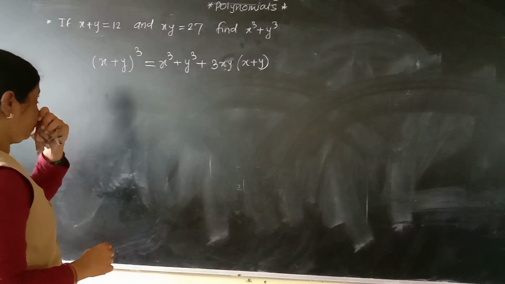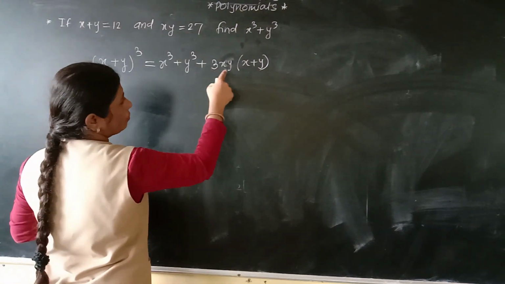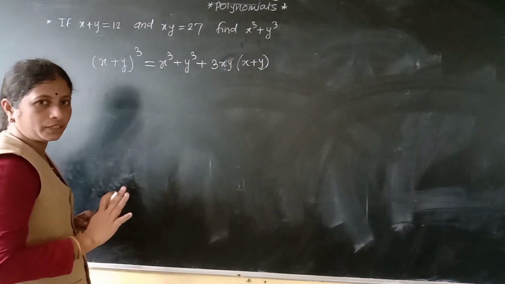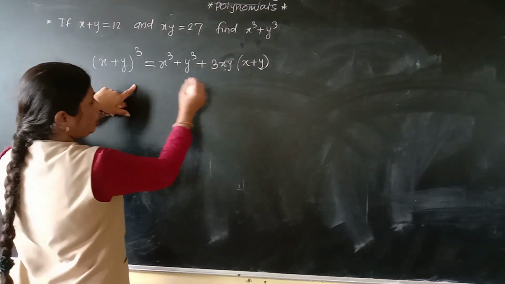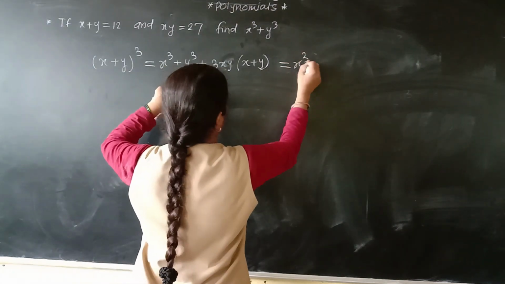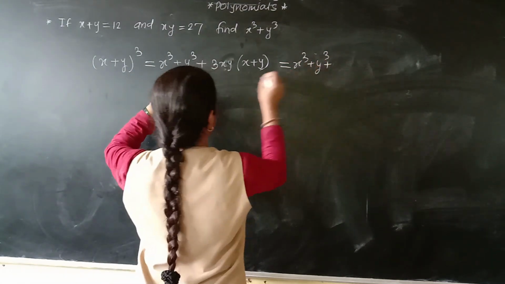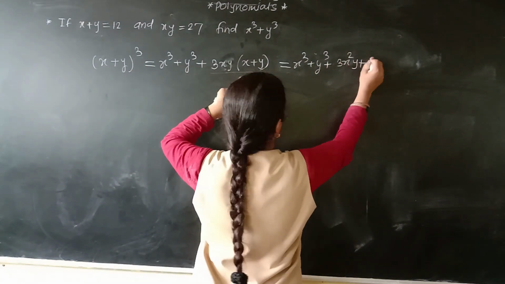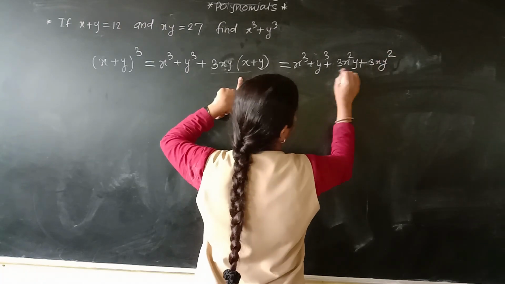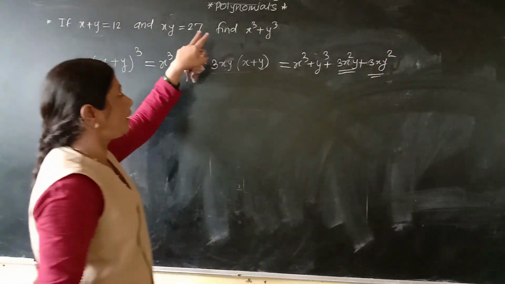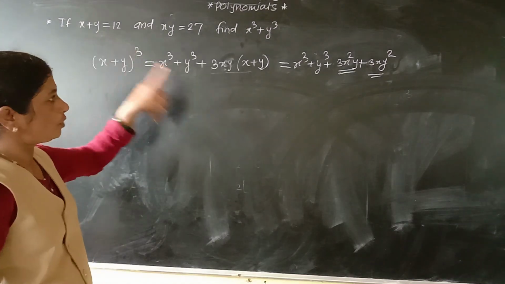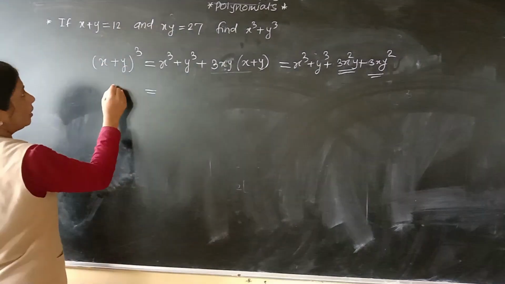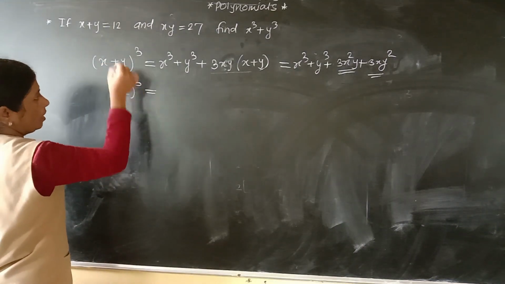Okay, so here if you use 3x square y and 3xy square, then we don't have the values of x square y and xy square, so we will use this form of the identity. Okay, so here x plus y value is given, that is 12 cube.